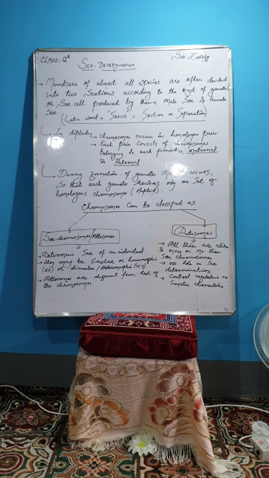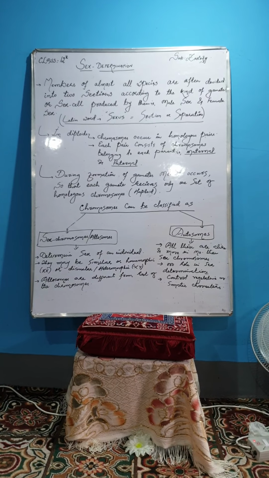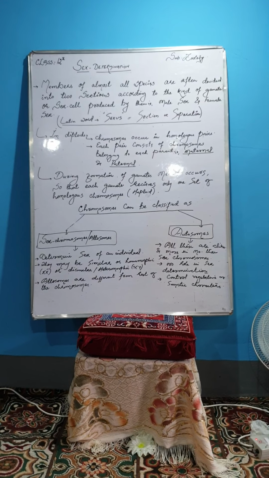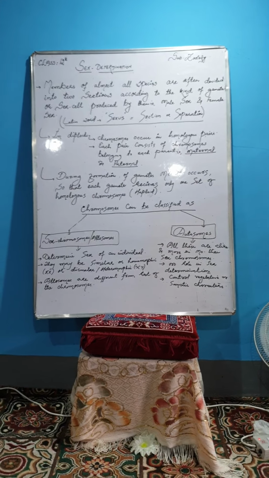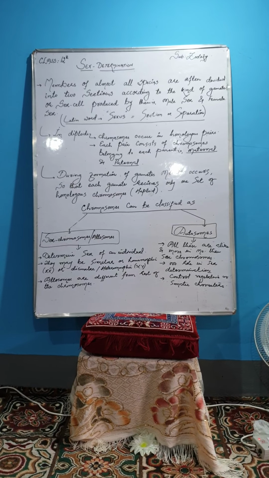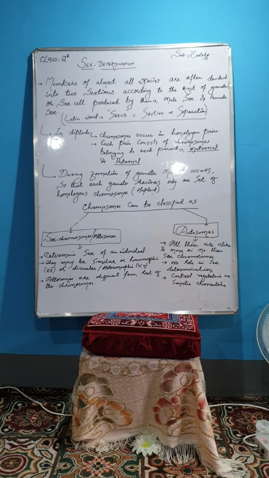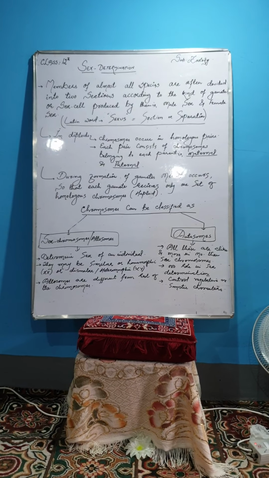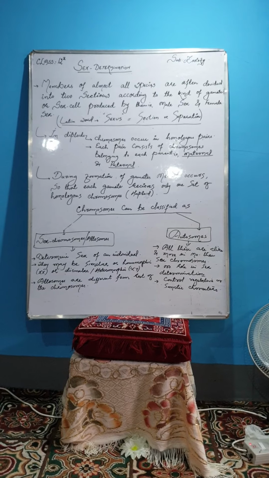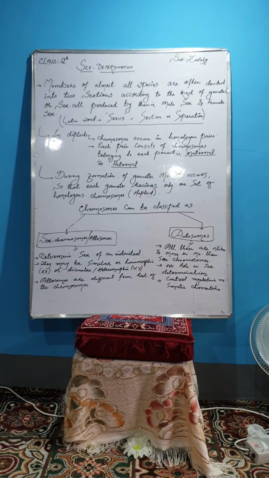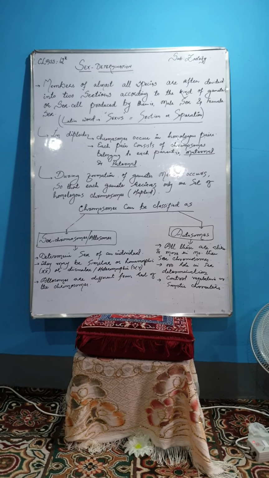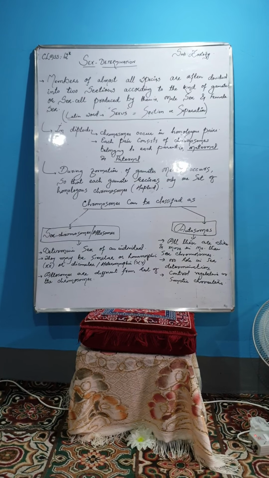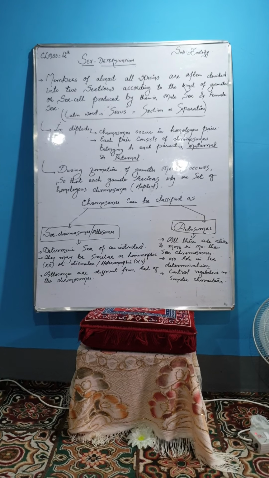On the other hand, those individuals having dissimilar sex chromosomes produce two kinds of gametes, and they are regarded as heterogametic as well. You should remember that allosomes are different from the rest of the chromosomes, that is autosomes, and they are the main criteria for determination of the sex of the offspring.